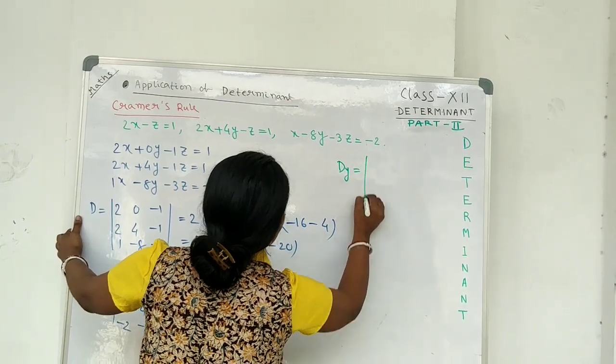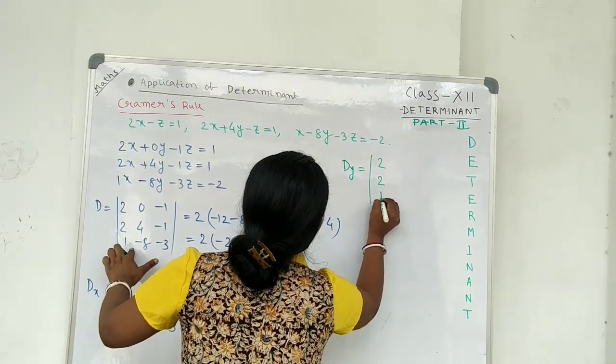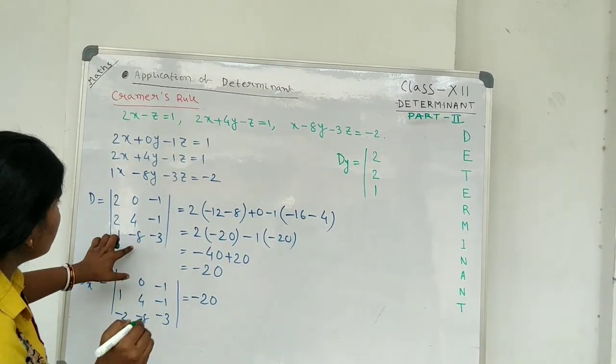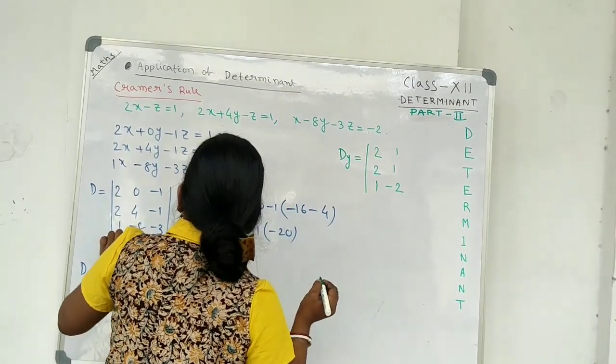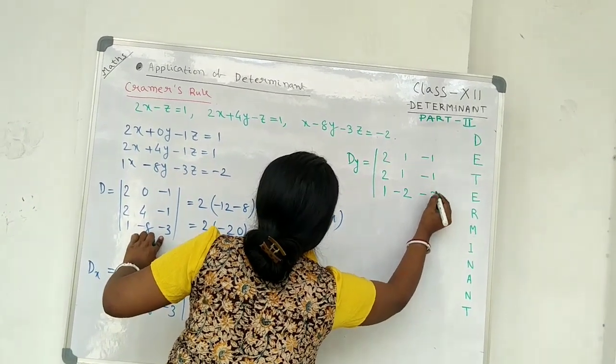Dy equal to the determinant with the column of y replaced by 1, 1, minus 2, keeping 2, 2, 1 and minus 1, minus 1, minus 3.